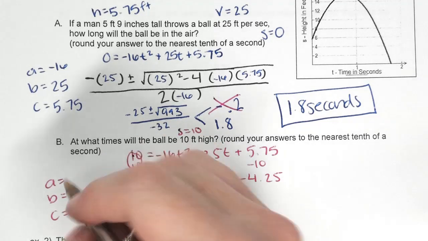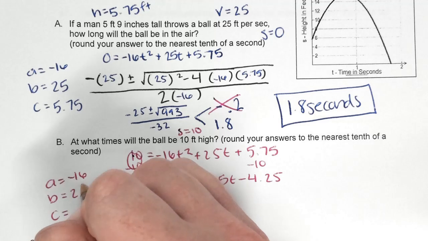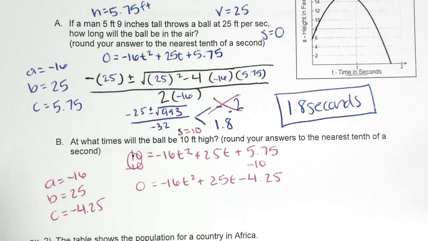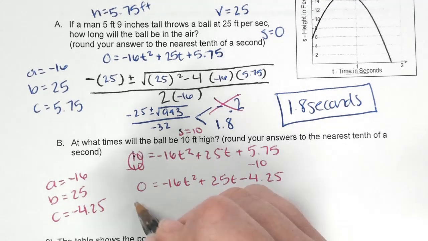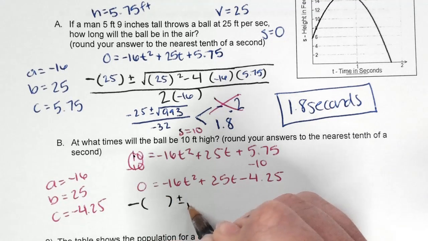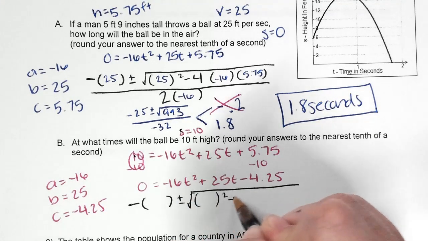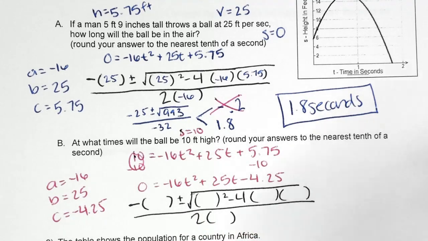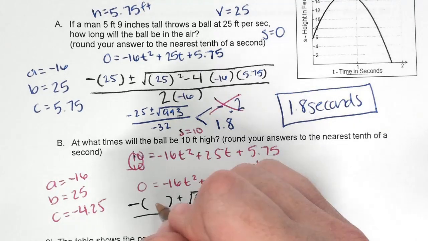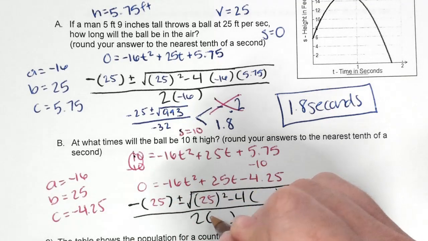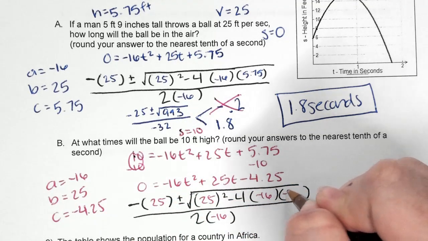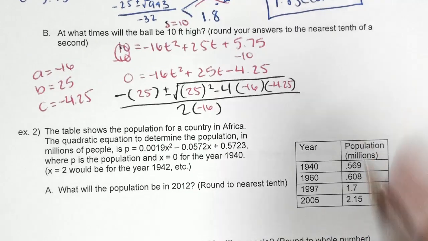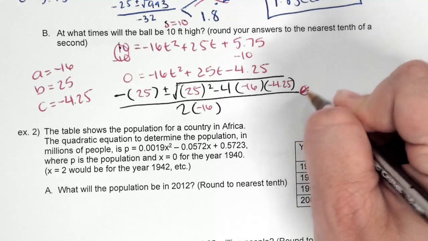Okay, so my A is negative 16, B is 25, and C now is negative 4.25. So I know, what am I doing?